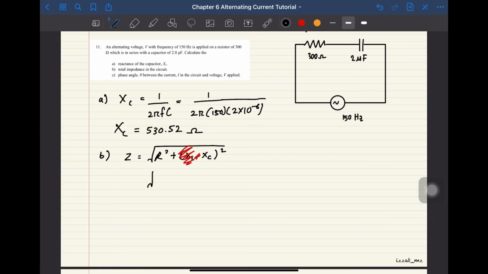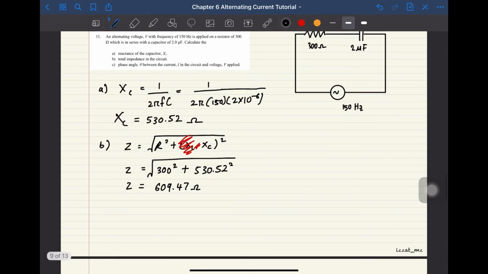So it will be the square root of 300 squared plus 530.52 squared. Here you should get 609.47 ohm. Still ohm, because this one is impedance.